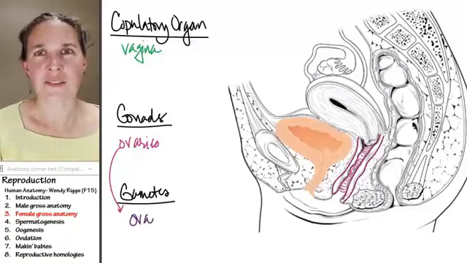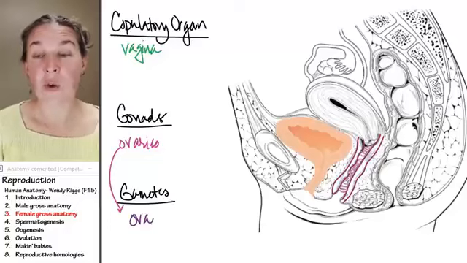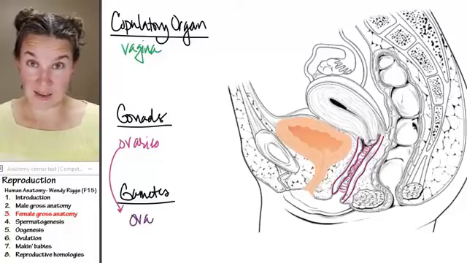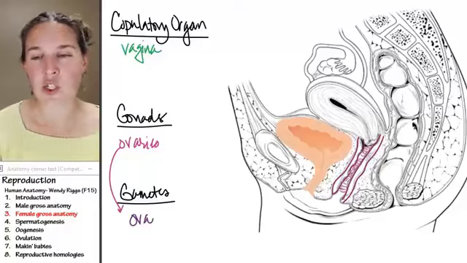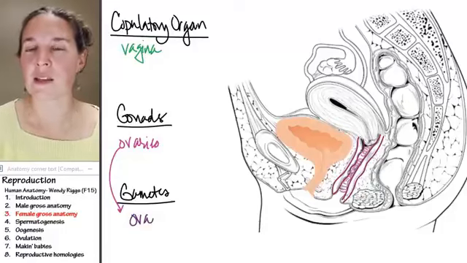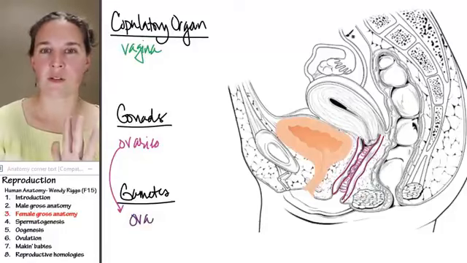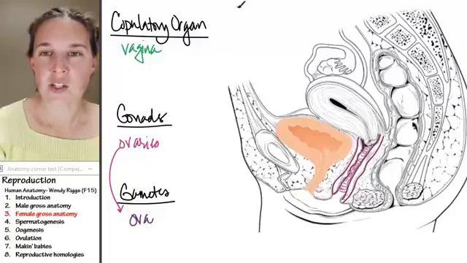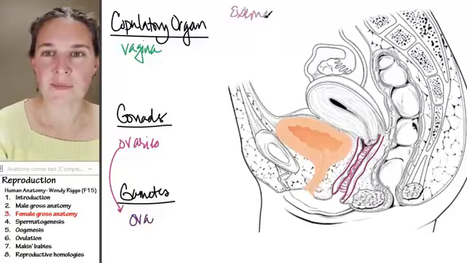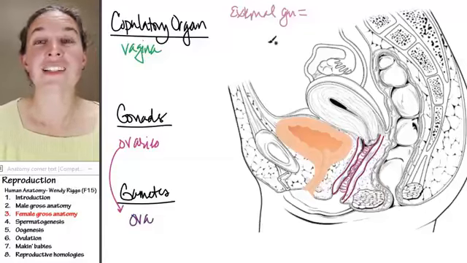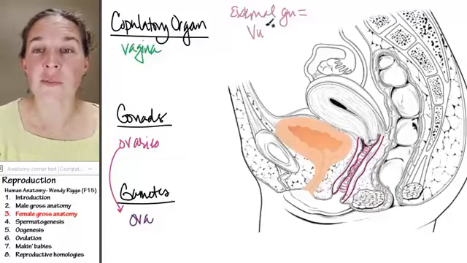What's the rest of that stuff? Well, what you mostly see if someone's standing in front of you is labia majora. But first of all, let me say this. External genitalia in females collectively is called the vulva. This is what you can see.